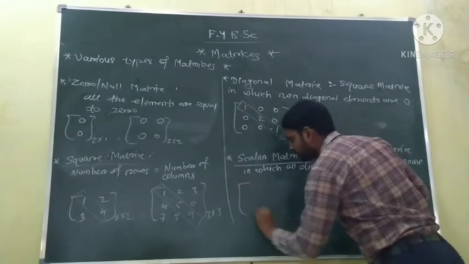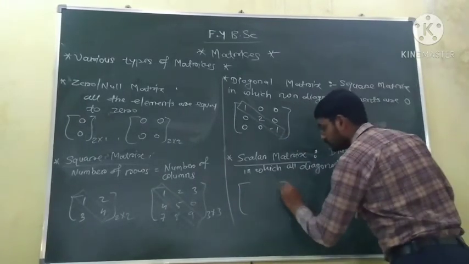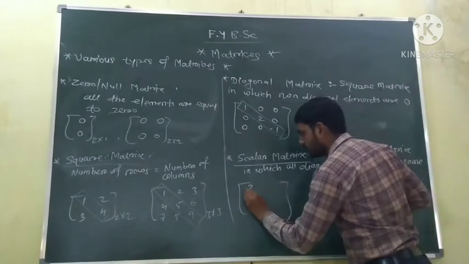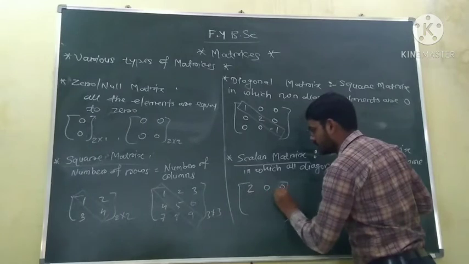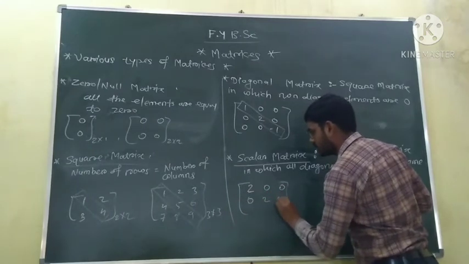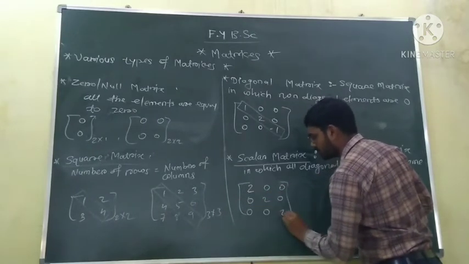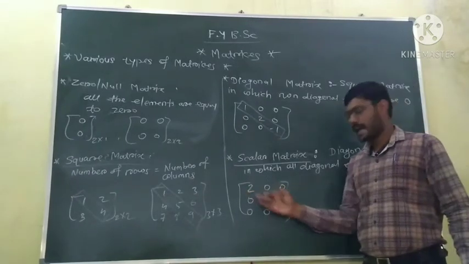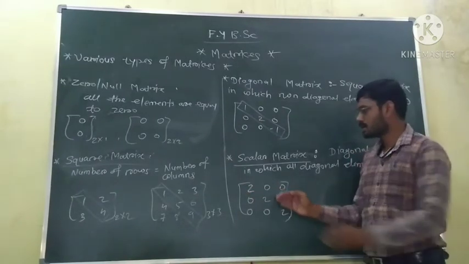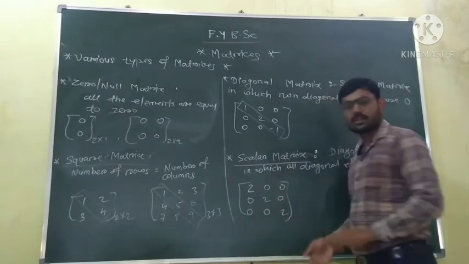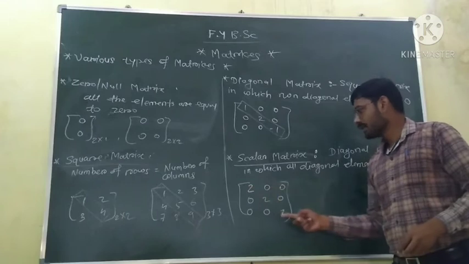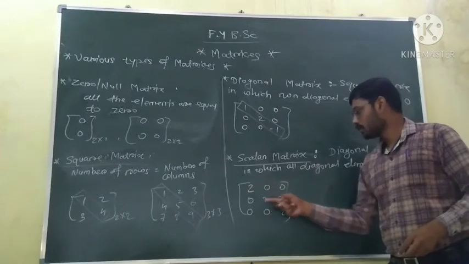For example, the matrix 2, 0, 0, 0, 2, 0, 0, 0, 2. Now see, first this is a diagonal matrix, because all the non-diagonal elements are 0 and all the diagonal elements are the same: 2, 2, 2.